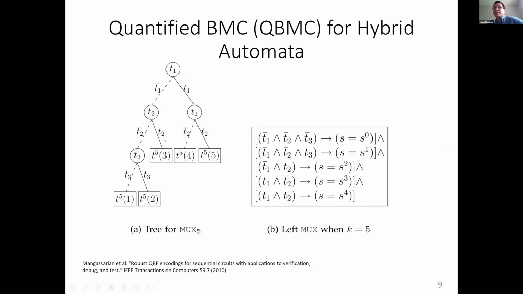For this part, if T2, we have the iteration equal to 5, so we have negative T1 and T2. This results in the current state being S2, shown here in binary form.